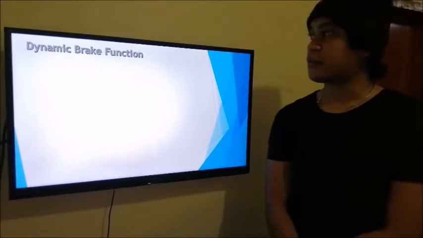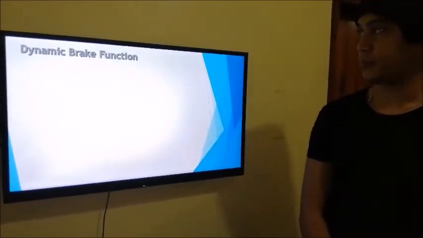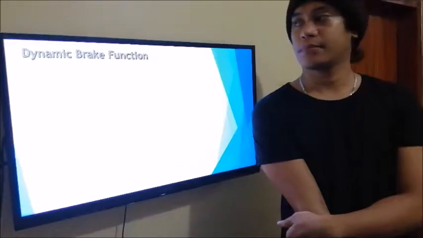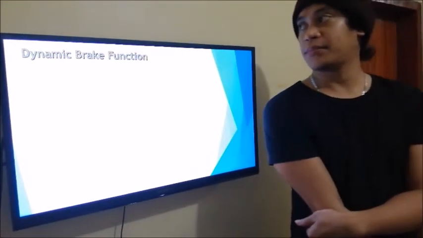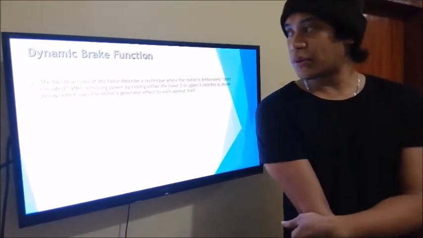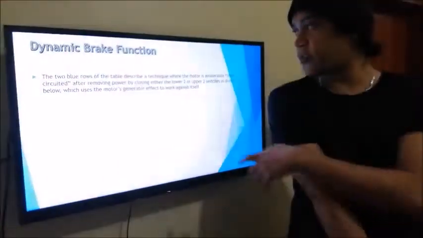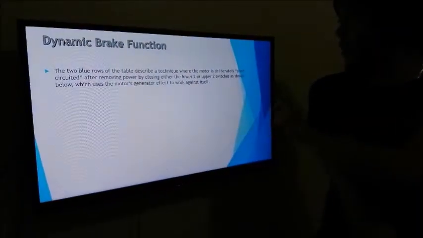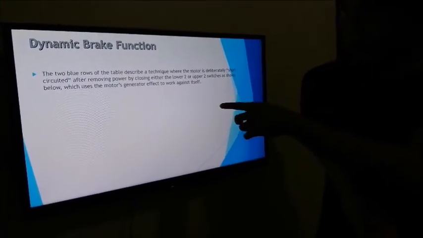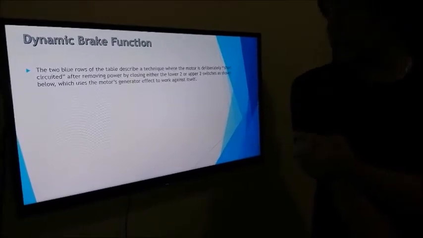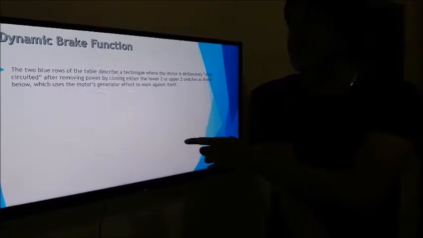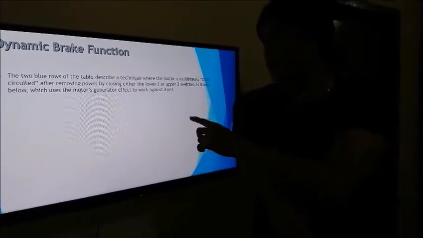Next, dynamic brake function. The two blue rows of the table describe a technique where the motor is deliberately short circuited after removing power by closing either the lower two or upper two switches as shown below, which uses the motor's generator effect to work against itself.